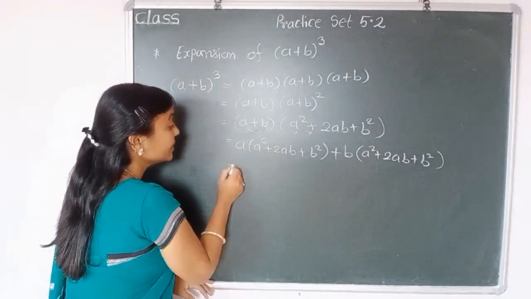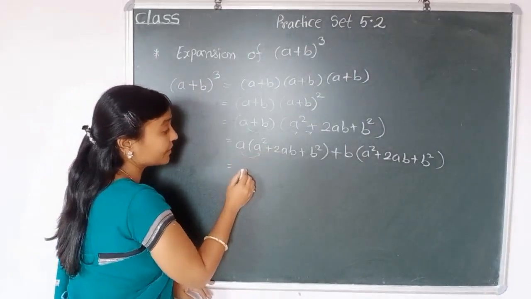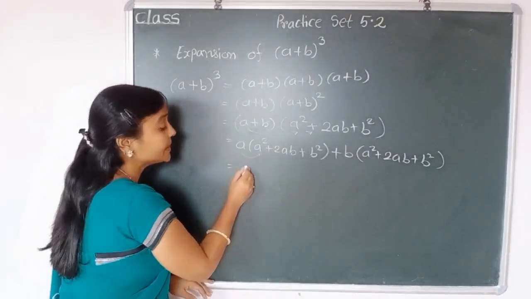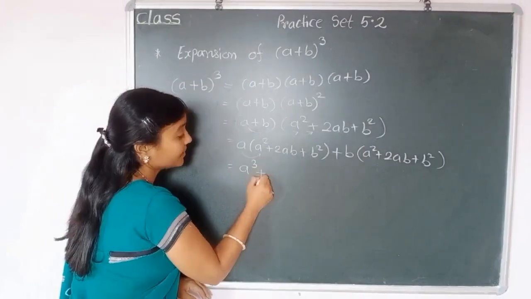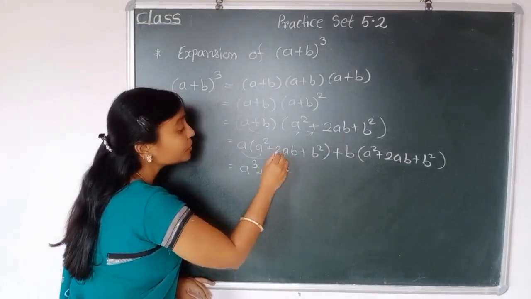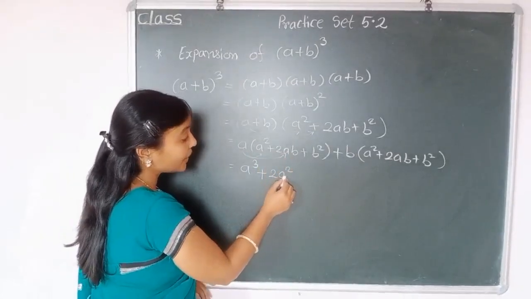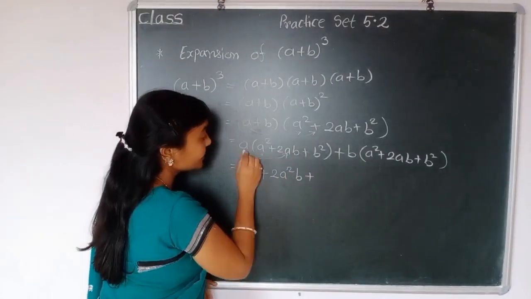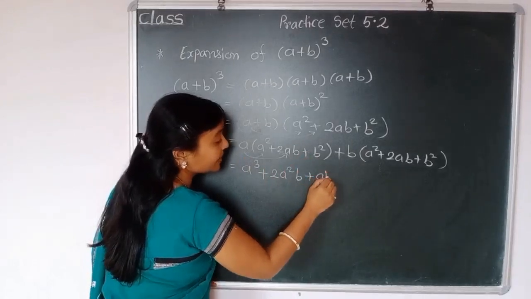Then multiplying, a into a square, a into a means a cube, plus a into twice a square, a into twice ab means 2a square b, plus a into b square means ab square.